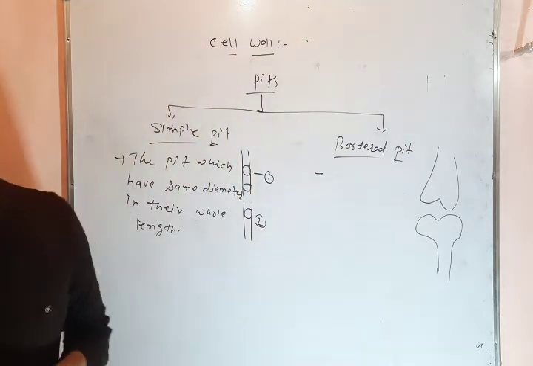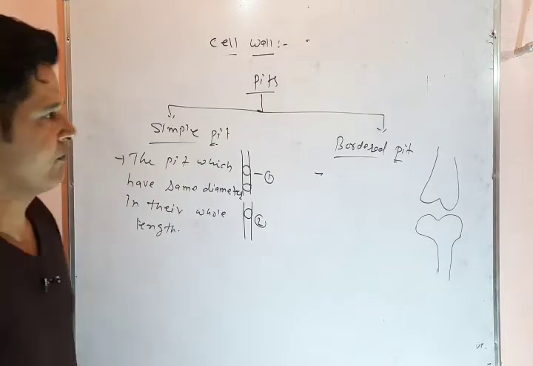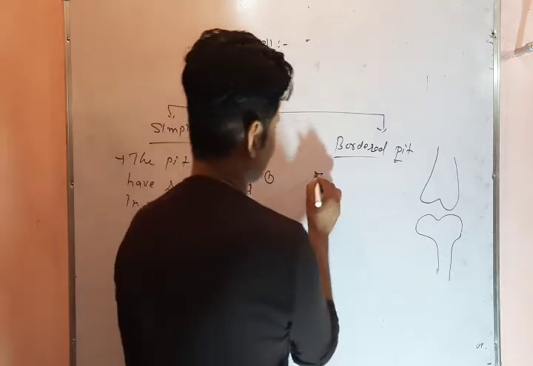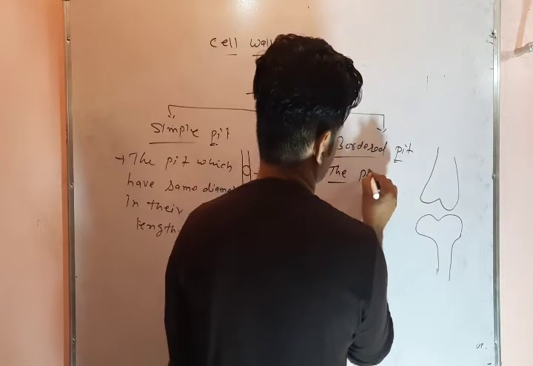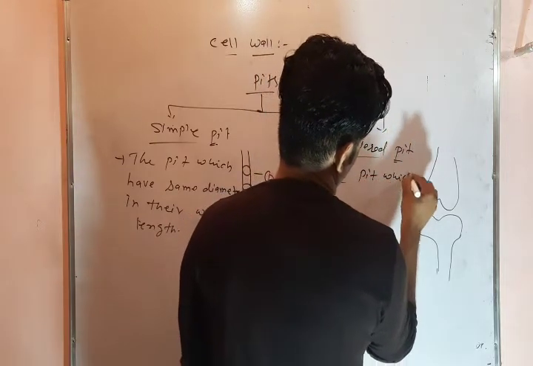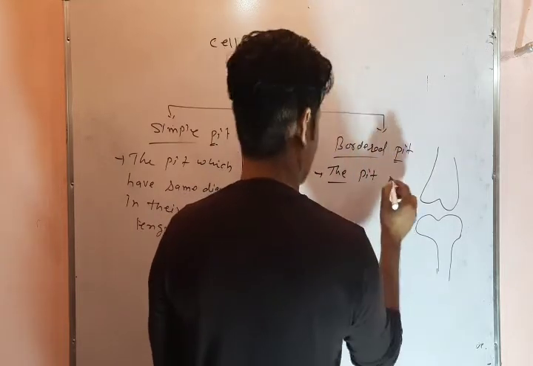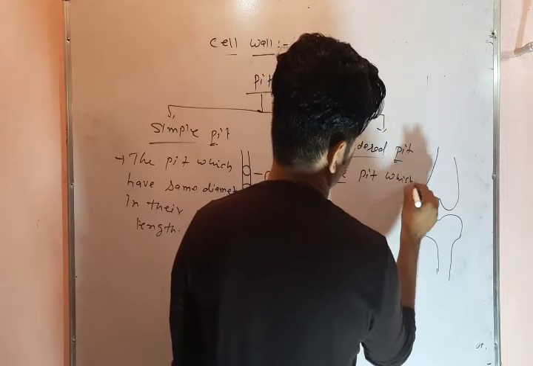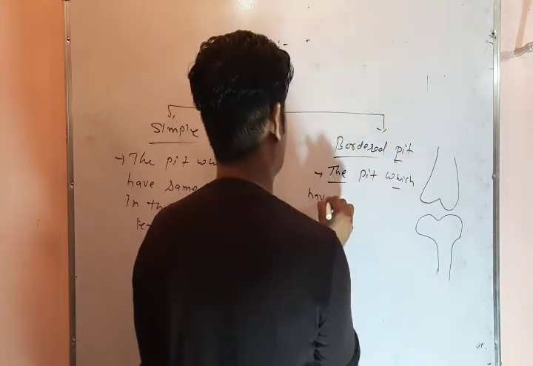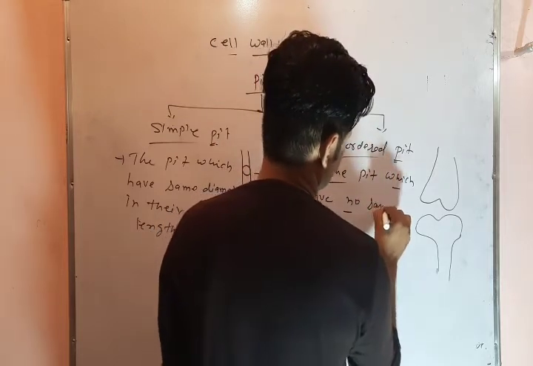If you go from inside to outside, then the diameter of the bordered pit will increase. So we can write that the bordered pit is the pit which has no same diameter.